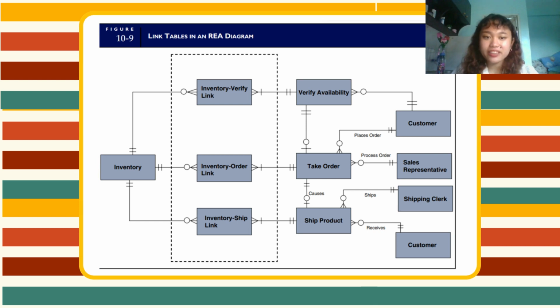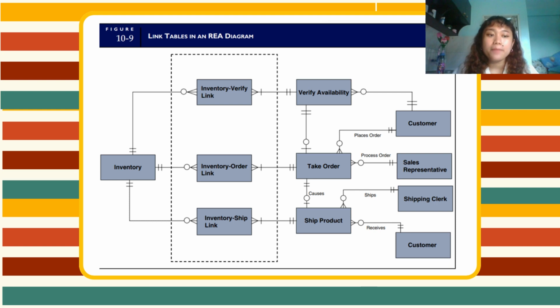This 10-9 diagram shows link tables, which are essential for handling many-to-many relationships in a database, are typically omitted from the diagram itself. Instead, they are implied through the many-to-many association. This omission preserves the diagram's visual clarity and aligns with the focus on conceptual modeling rather than the technical implementation details.